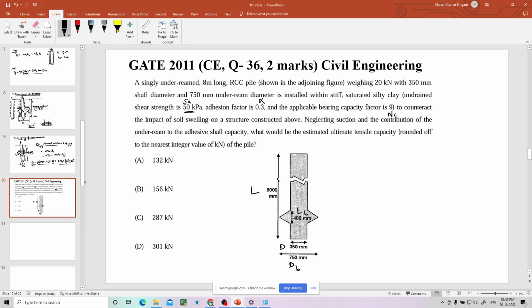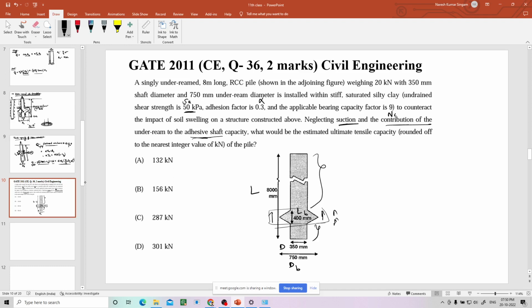Whenever you pull, there will be a vacuum created below the pile foundation. So that vacuum also will give some resistance, and you have to neglect that. And the contribution of the underream to adhesive shaft capacity: adhesive means friction. He is saying you neglect the friction along this portion. So you take only above and below. That is the meaning.